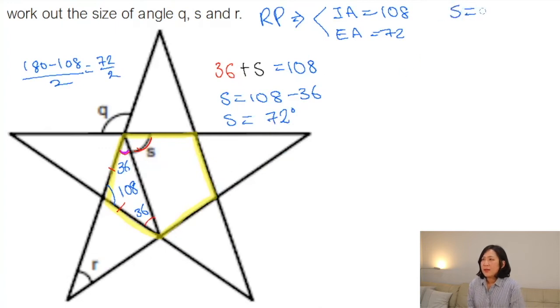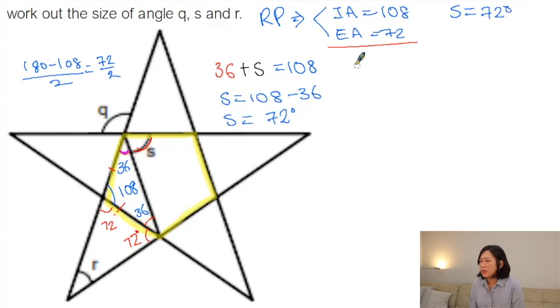Once you found the S, let's move on to the angle R. Let's use the exterior angle. So I'm going to mark the 72, one of the angles in the triangle. As you can notice, the other angle is a 72 as well, because the other angle is the exterior angle as well.